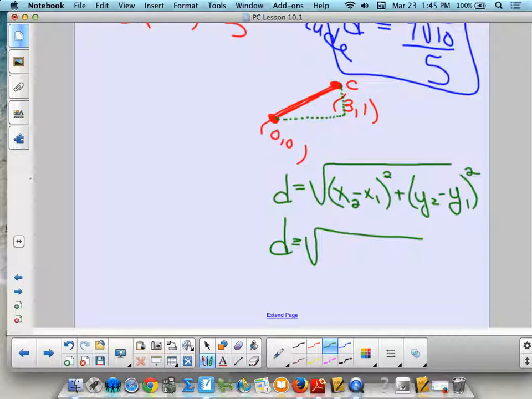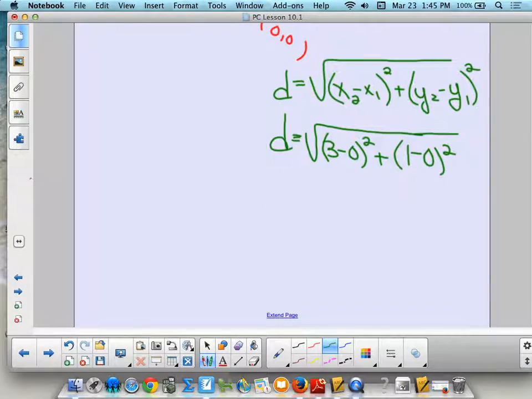Here we go. It's this minus this squared plus 1 minus 0 squared. Oh, that's 3 squared. That's 9. 9 plus 1. It's the square root of 10.